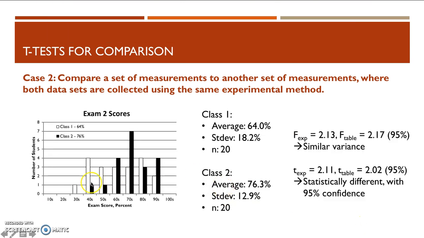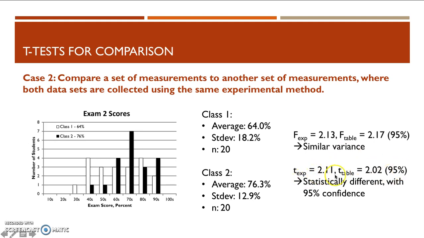So if we go back to our distribution of data, class 1, class 2, they look like they might be the same, but the averages seem to be significantly different. I did an F-test and discovered that I have similar variance, so I need to make sure that I use that option in my t-test.